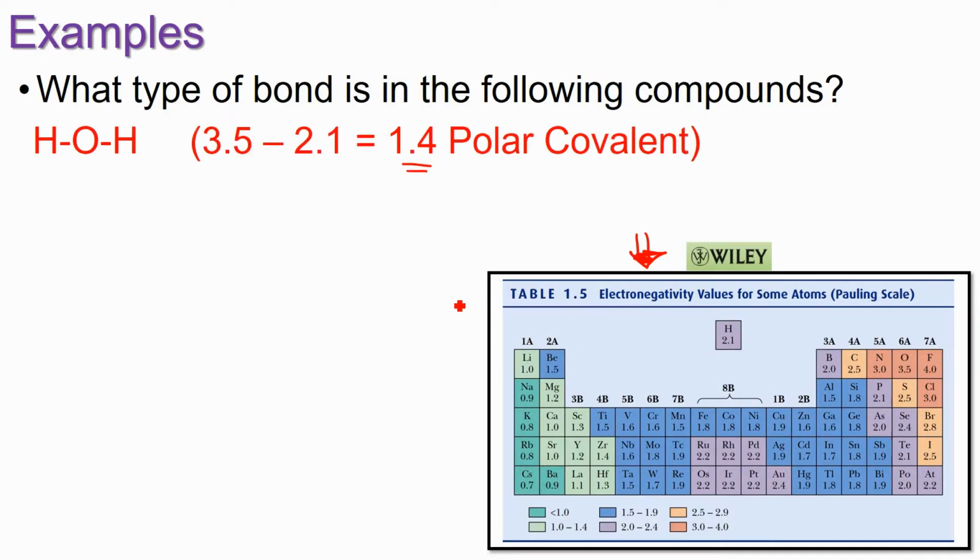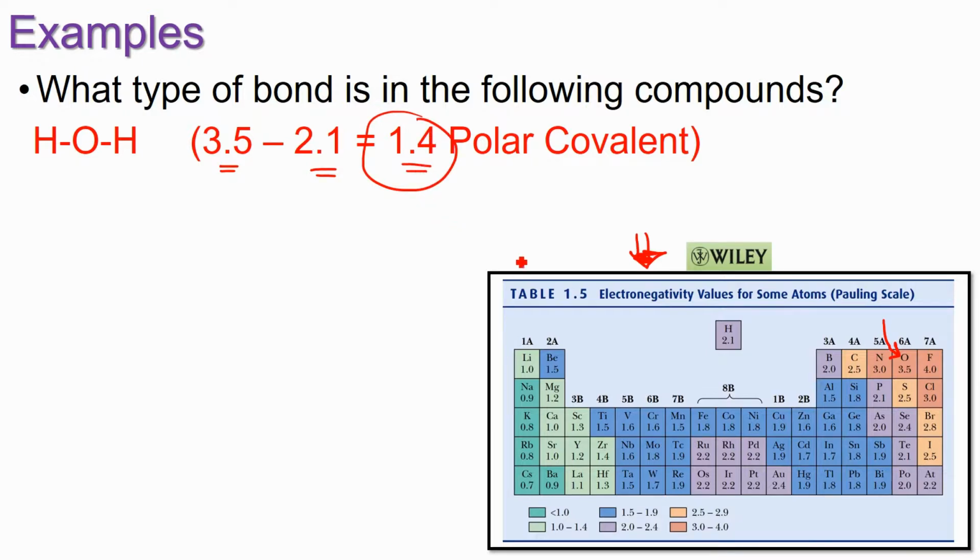Alright, so let's work on this. Hydrogen has a 2.1 scale, and oxygen is right here. It has a 3.5 Pauling scale number value. You do the subtraction, you get 1.4.